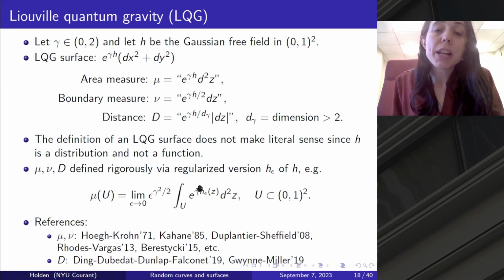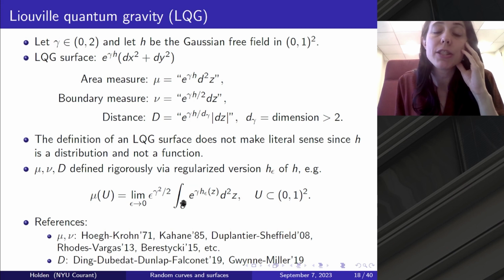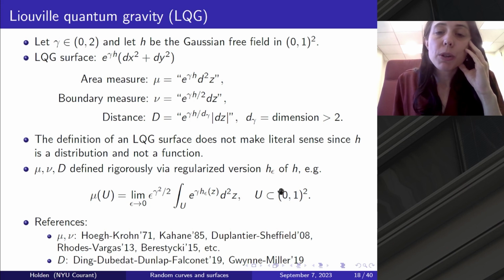Then we can use h sub epsilon to define, for example, an area measure, because h sub epsilon is a smooth function, and then one can argue that this area measure is converging upon some appropriate renormalization when epsilon is sent to 0. So the construction which is shown here is our rigorous definition of the area measure mu, and the boundary measure nu and the metric or distance function d can be defined via a similar regularization.